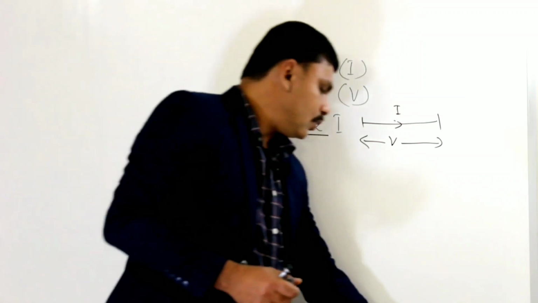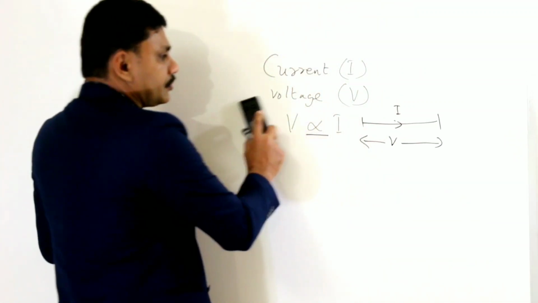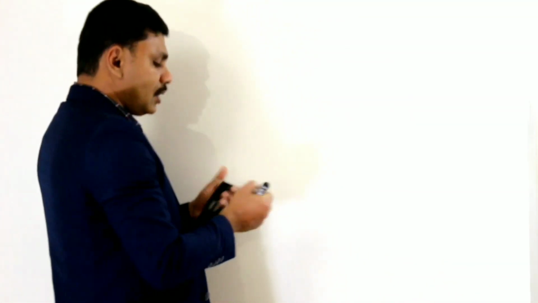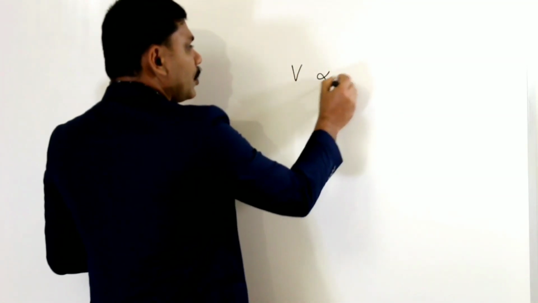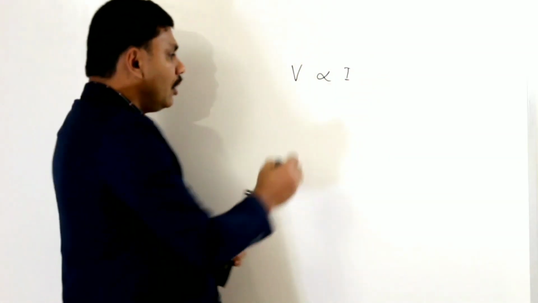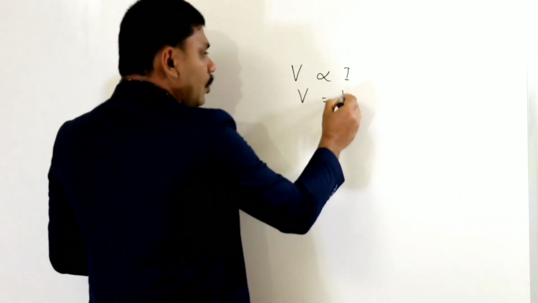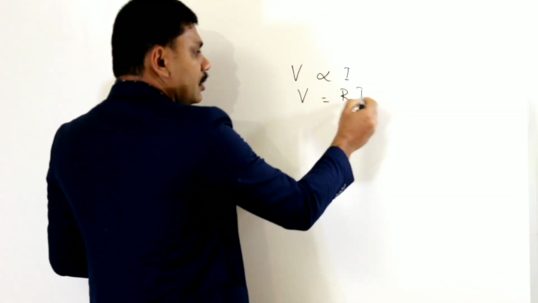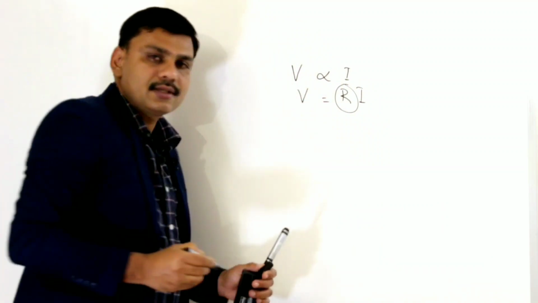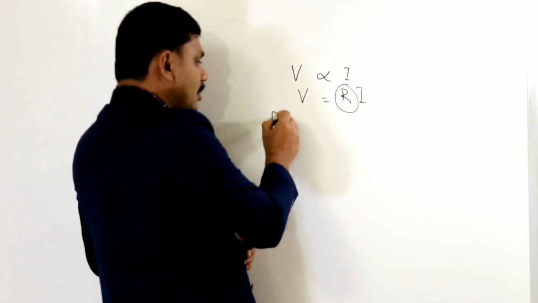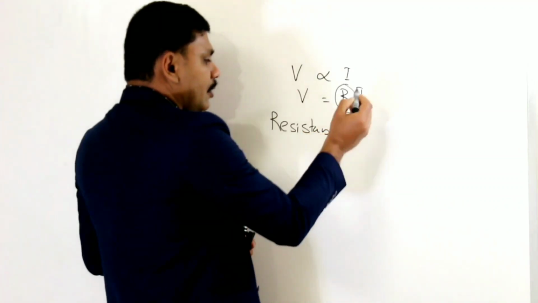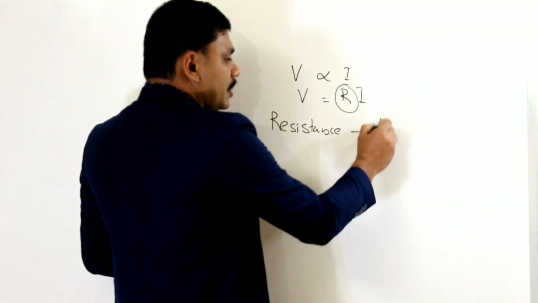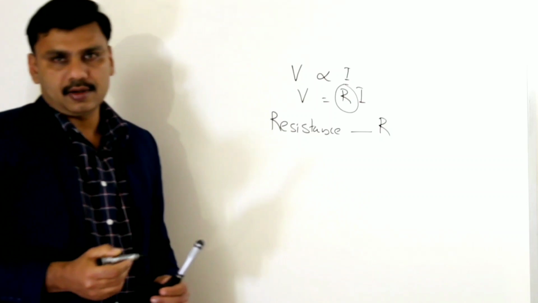When you remove the proportional sign from V is directly proportional to I, you get a constant. That constant is known as the resistance of the material, and it is represented by the symbol R.